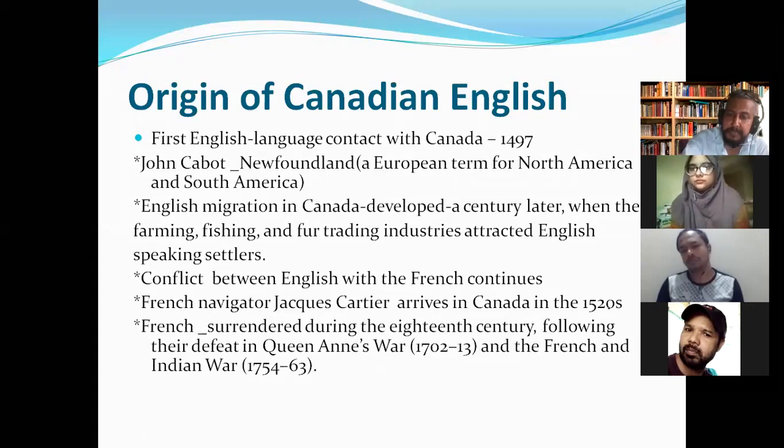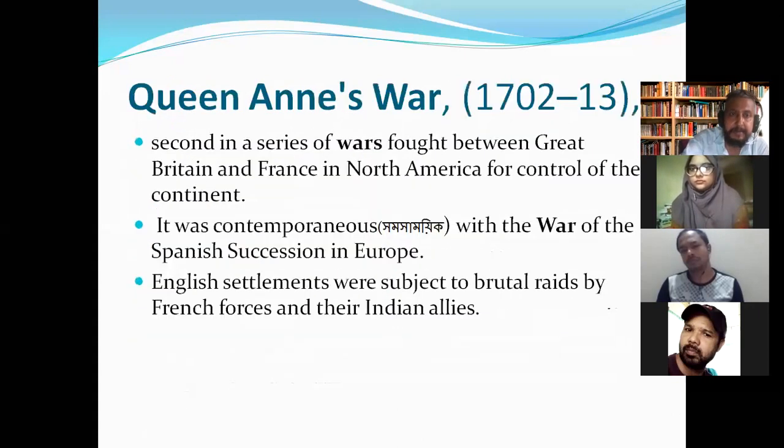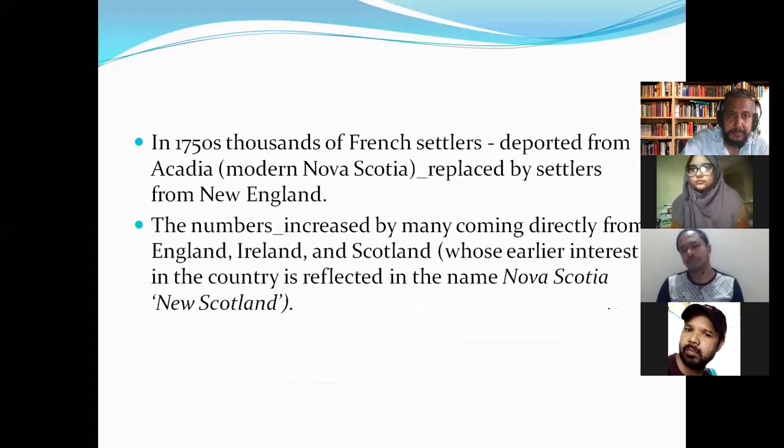They had been living in Canada. And in the 1750s, thousands of French settlers were deported from Acadia, modern Nova Scotia. Nova Scotia is the name of a state of Canada, and they were replaced by settlers from New England.